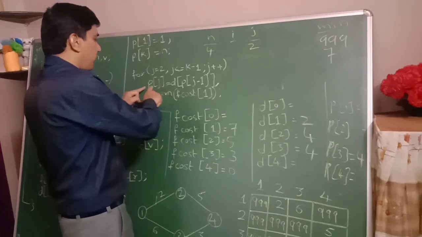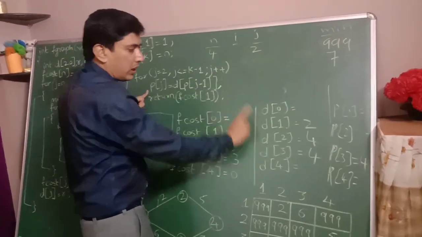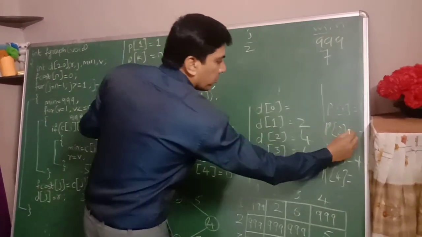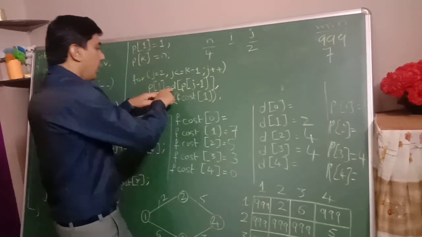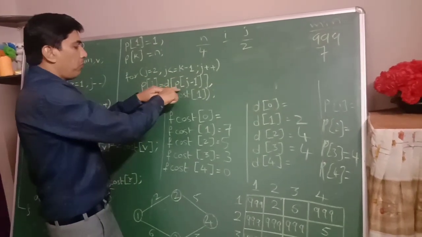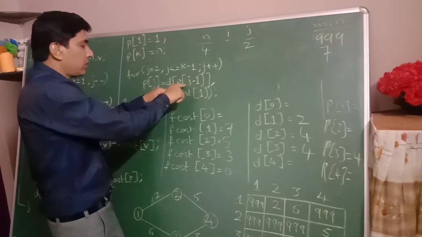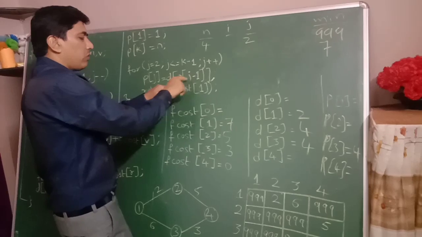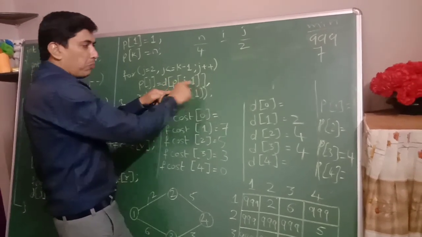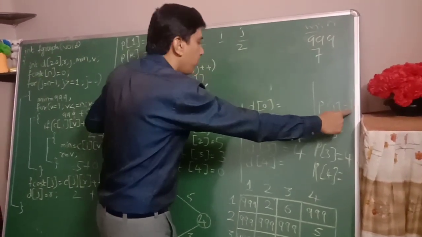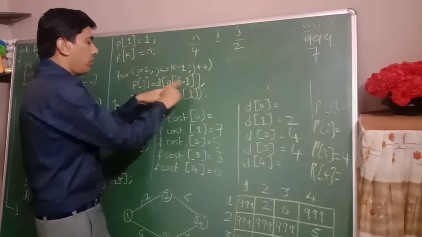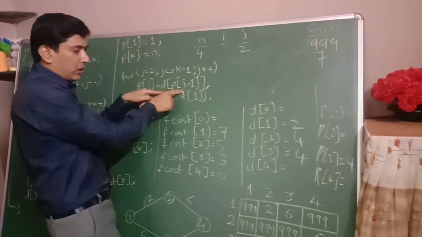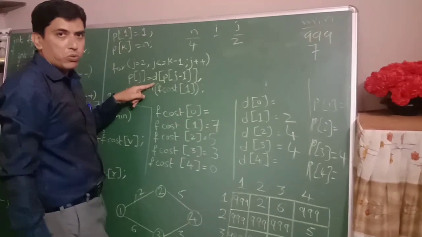P of j, that is 2, right? So I am referring here P of j is equal to, right, d of P of j minus 1, that is P of j minus 1, j value is 2, that is 2 minus 1 is 1, that is P of 1, that is P of 1 is 1. So this entire value will become 1, that is d of 1, right? D of 1 is what? 2, right?